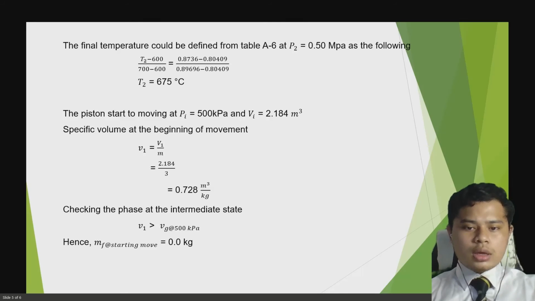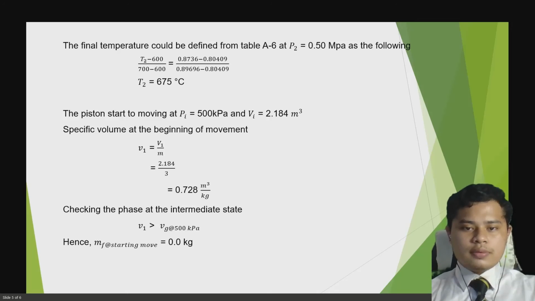So we have the initial volume, so we can find the specific volume at the beginning of the movement. Same as before, we will calculate and get 0.728 meter cube over kilogram. That is our specific volume at the beginning of the movement.